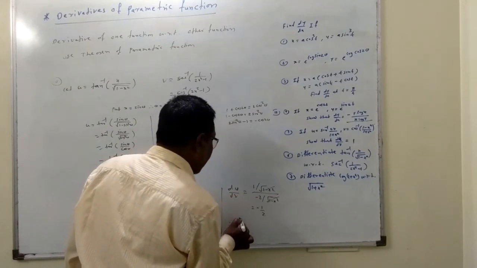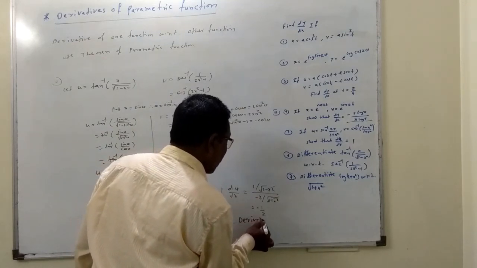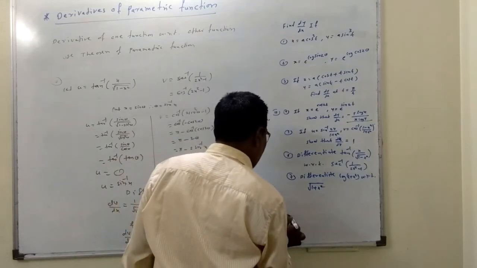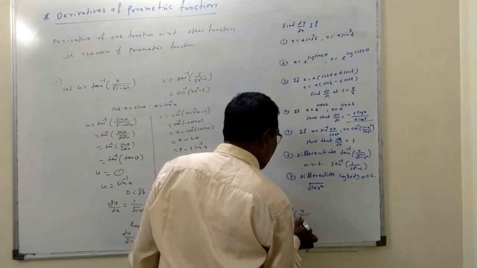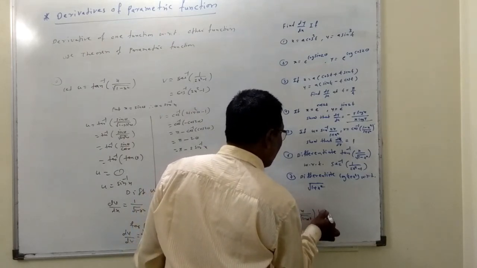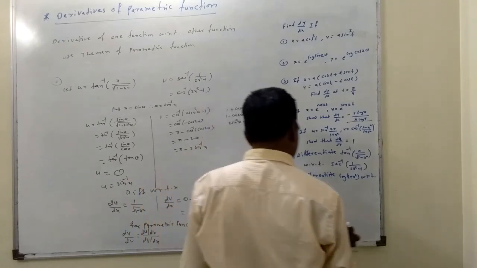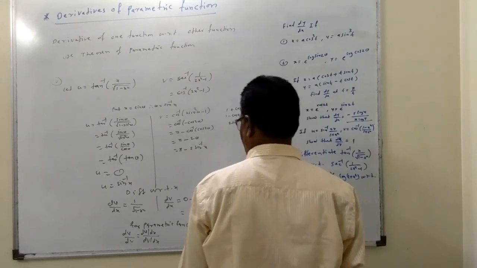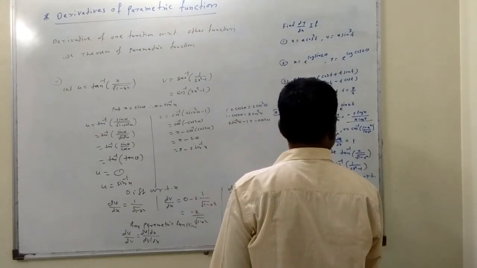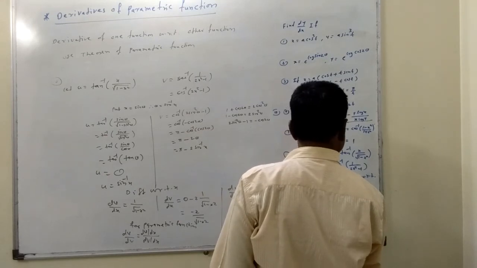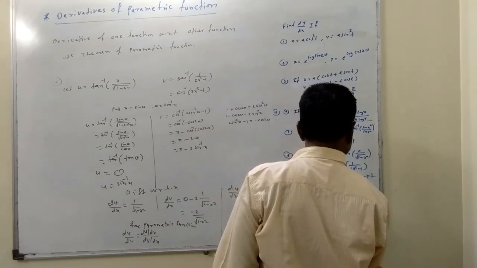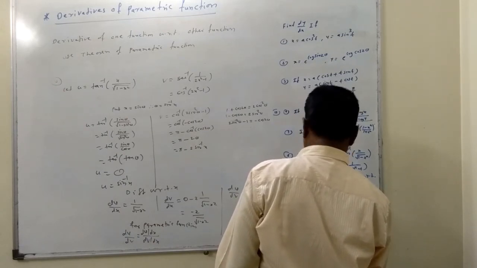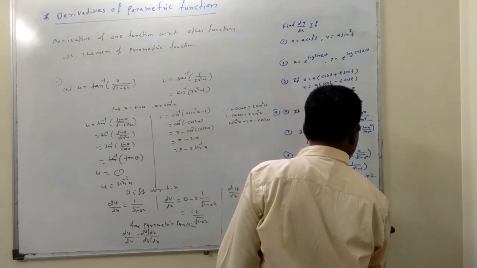So therefore the derivative of tan inverse x upon under root 1 minus x square with respect to sec inverse 1 upon 2x square minus 1 is minus 1 half.